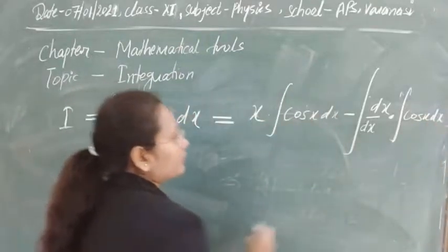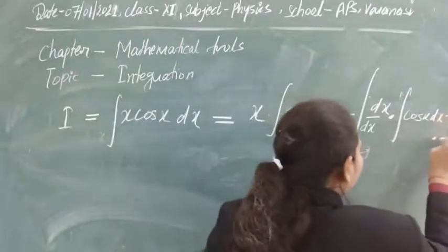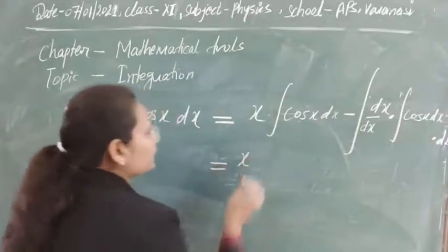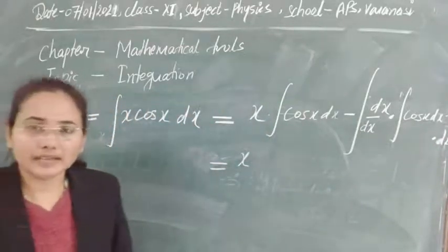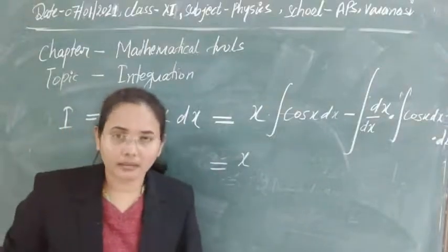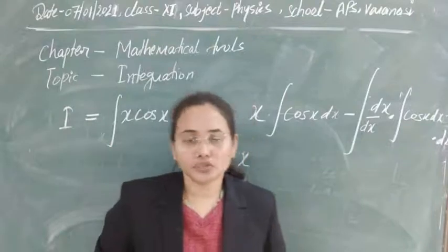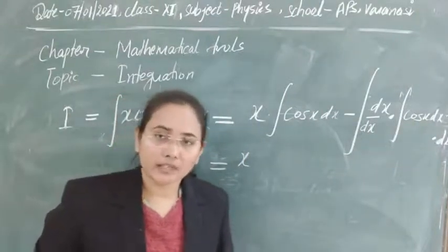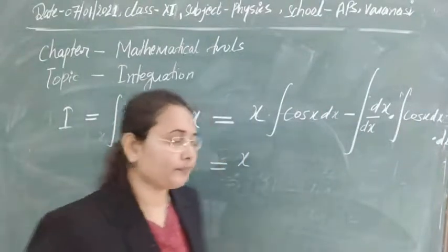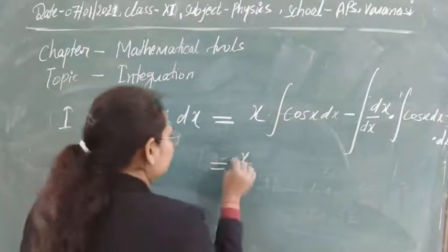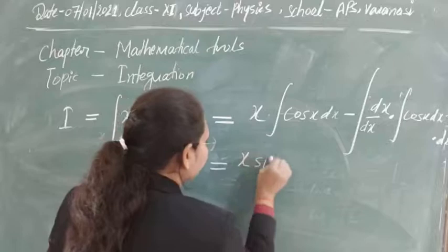Now let's solve it. Actually here, as a whole, dx will also be there. The integration of sin x is equal to minus cos x, and the integration of cos x is equal to sin x. So the formula that you can adopt here directly: the integration of cos x is equal to sin x.